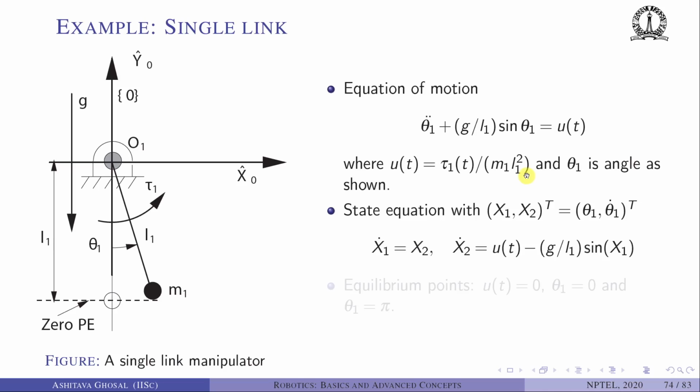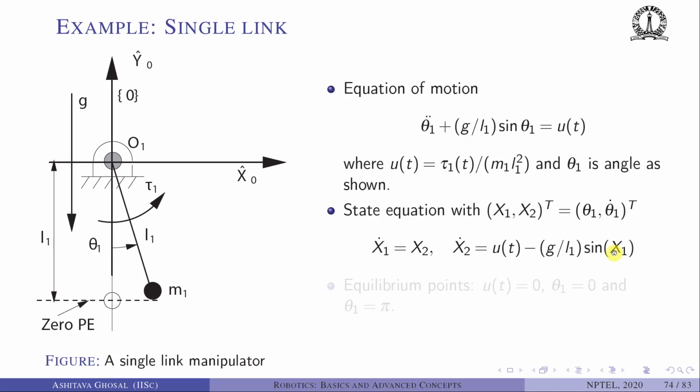So I have to first write this second order differential equation in the state space form. The state variables are x1 and x2, which are nothing but theta1 and theta1 dot. Then x1 dot is equal to x2, x2 dot is u of t minus g by L sine x1. So these are the state space equations.